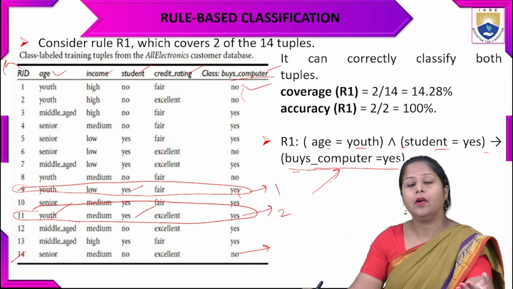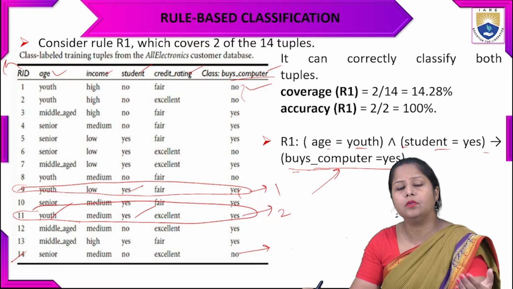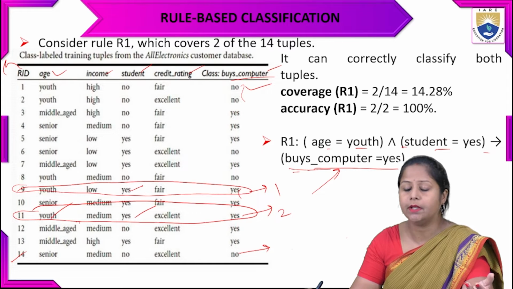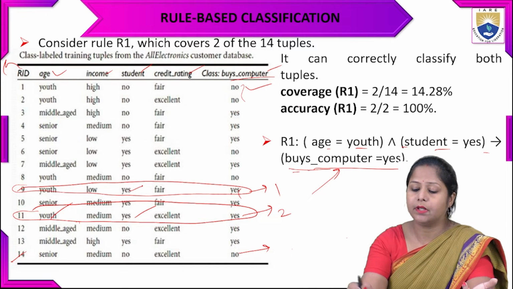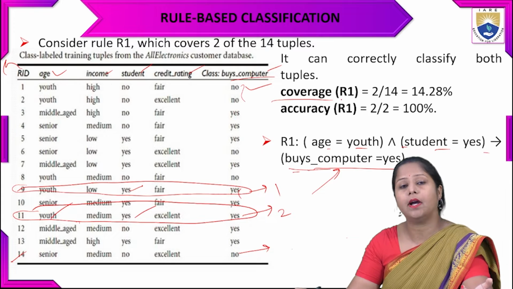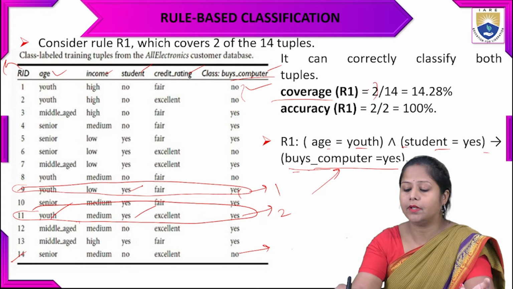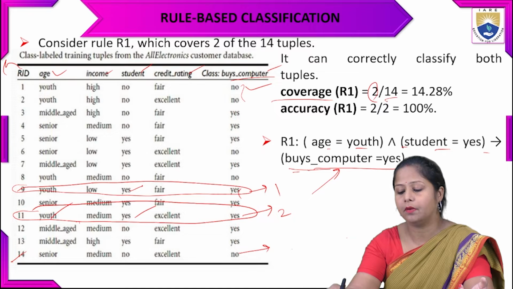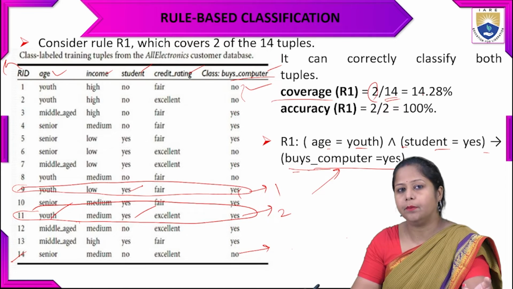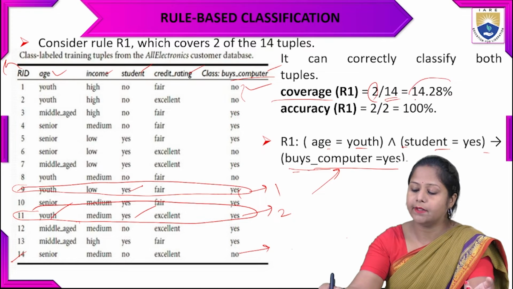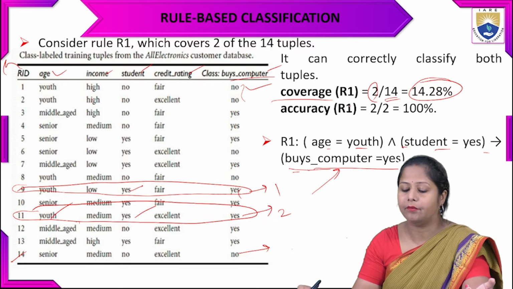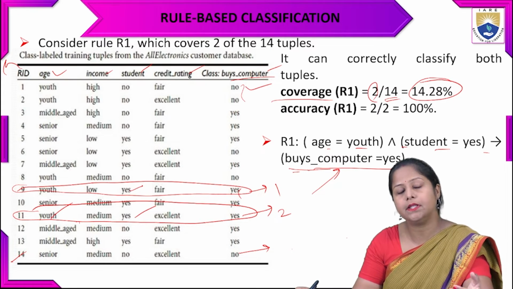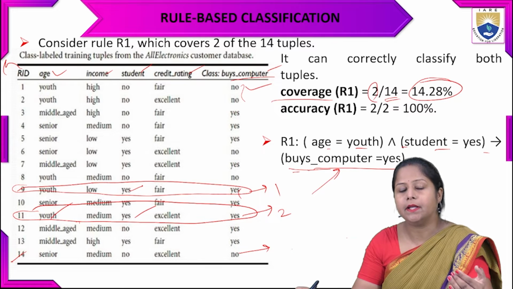Okay, so how can we know about the accuracy and coverage of that rule? There was a formula. The coverage of R1: two of the tuples have been covered out of 14. So 2 divided by 14, and we get 14.28% coverage for that rule. This is the percentage of the data that the rule is covering.